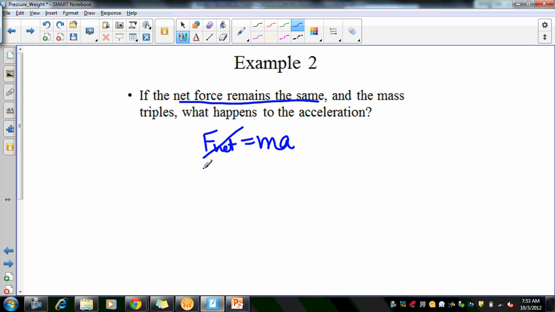And since we have nothing on this side of the equation, we need to put in a placeholder of a change of 1, which means no change at all, right? 1 times anything is the anything. Mass triples, which means 3 times. So we put in a 3 for the mass, and we try to figure out how the acceleration will change. So we're going to divide by 3, and so the acceleration should be 1/3 of the original.